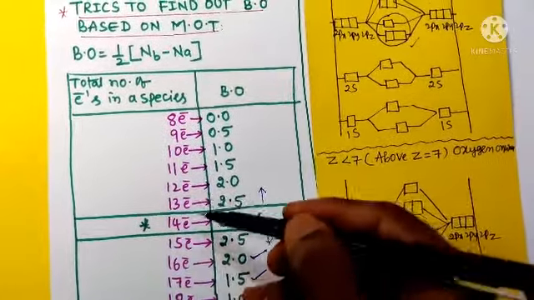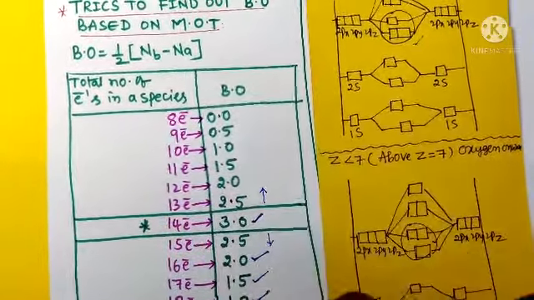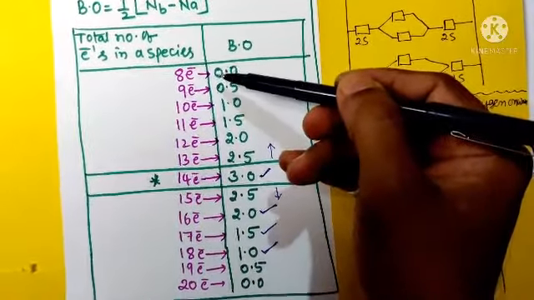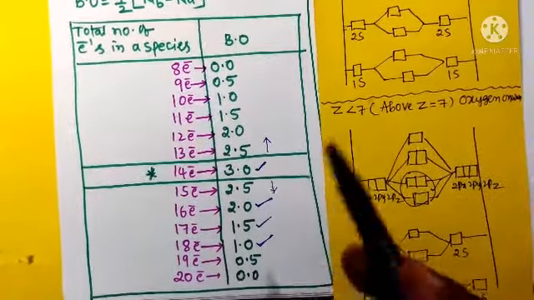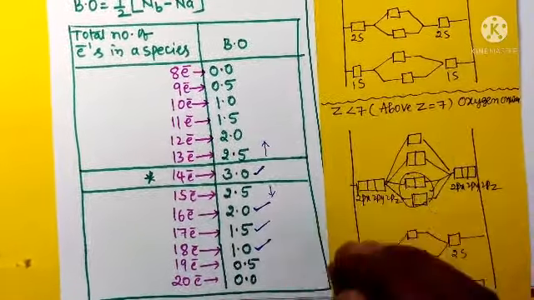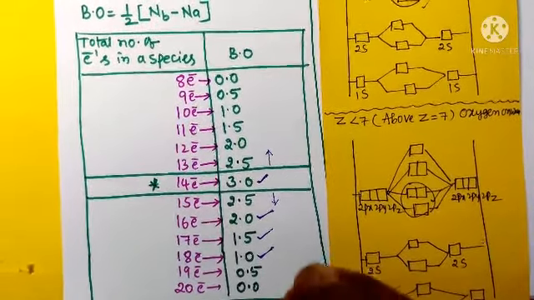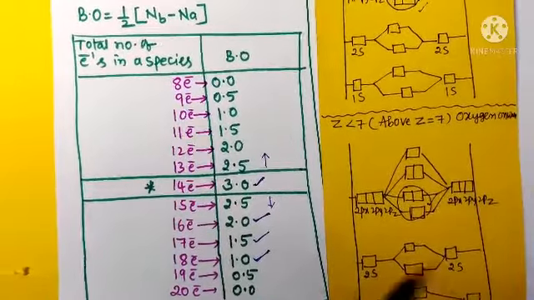So again, for one electron decreasing, its bond order decreases by 0.5. For species with 8 to 20 electrons, it is easy to identify its bond order, without wasting time in the examination.